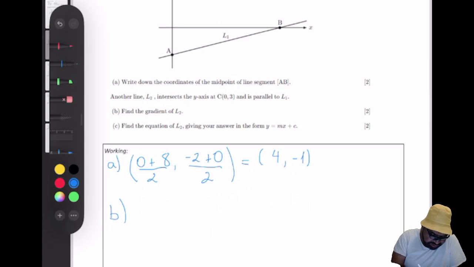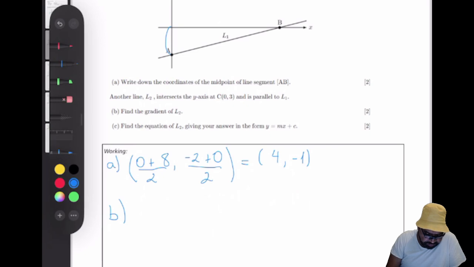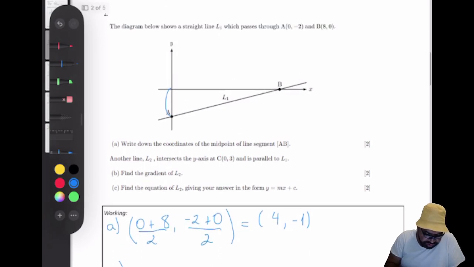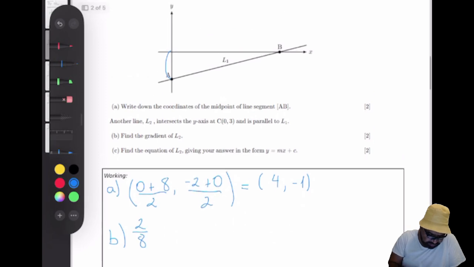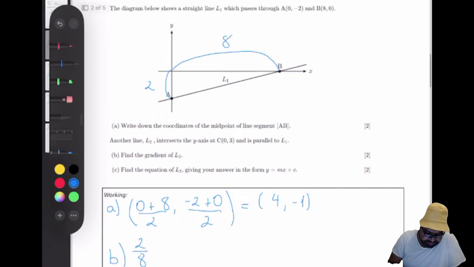What is the rise here? If we check, it is rise 2 and run 8. As we notice, this distance here, -2 to 0, is 2, and here it is 8.